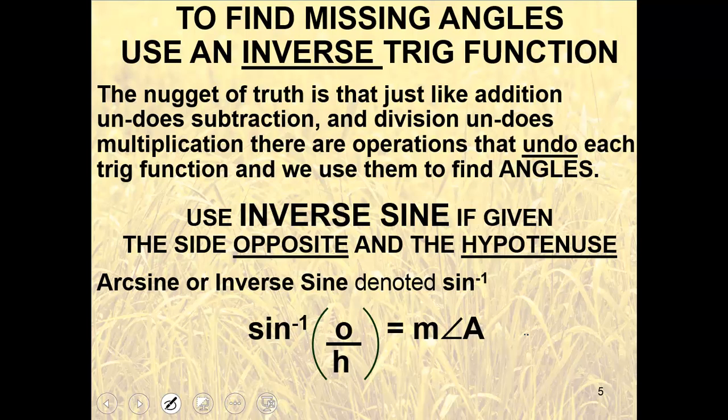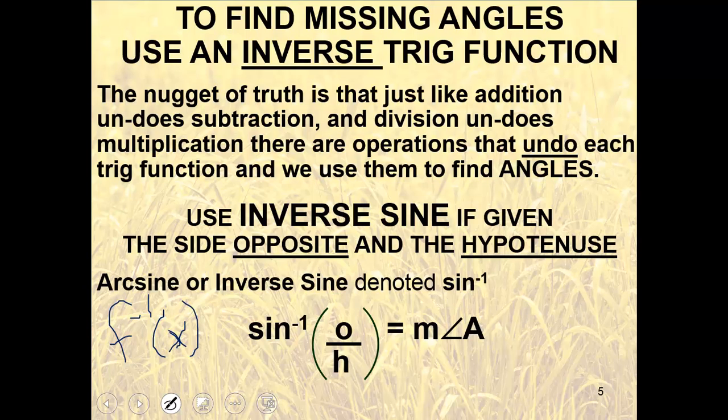Those aren't exponents. It's a way to designate that you're taking the inverse of it. Okay, you've seen that in function notation. When we talked about function notation, we had f of -1. That was an f to the -1. That was the inverse function.